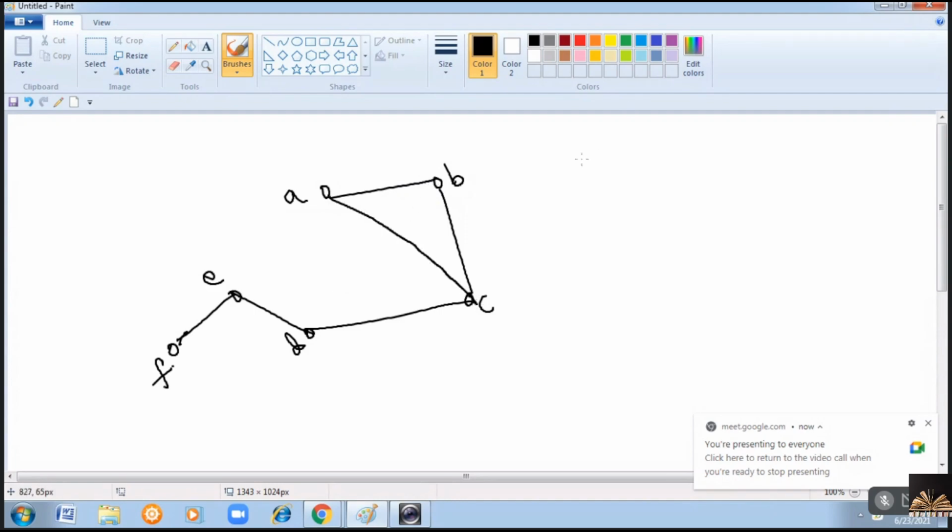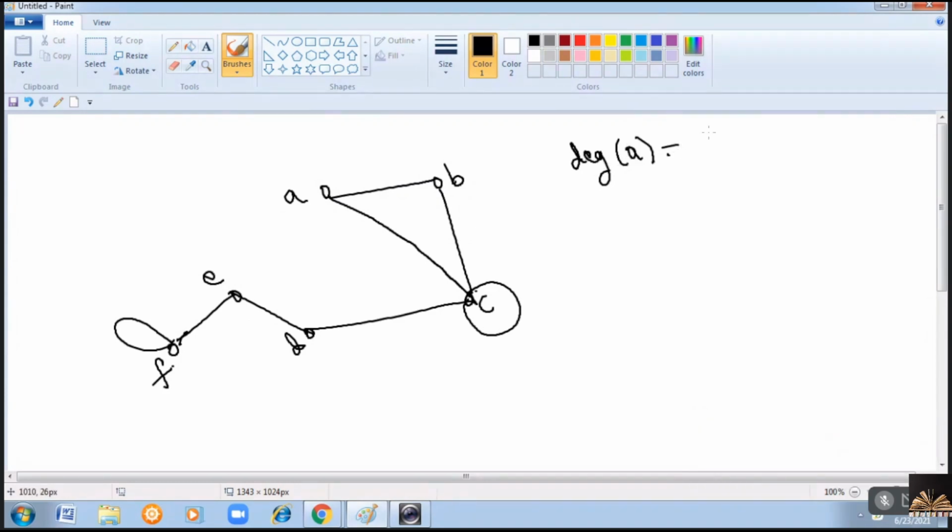First you need to find the degree of the vertices. Degree of A. What is the degree of A? How many edges are incident with it? That will be the degree. 1 and 2. Degree of B: 1, 2. Degree of C: a loop always contributes 2.